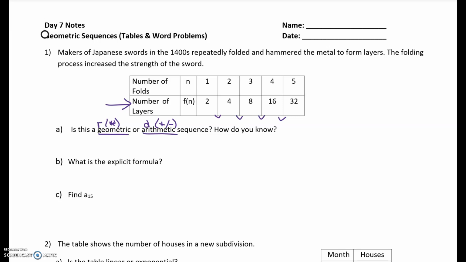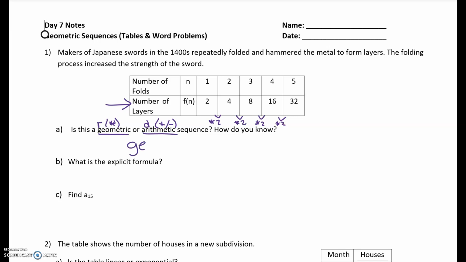So let's see if it's geometric. Can I multiply by the same thing every time? So to go from 2 to 4, we could multiply by 2. From 4 to 8, we could multiply by 2. 8 times 2 is 16, and 16 times 2 is 32. So I see that here I have the same multiplication every single time, so I know that it is geometric.